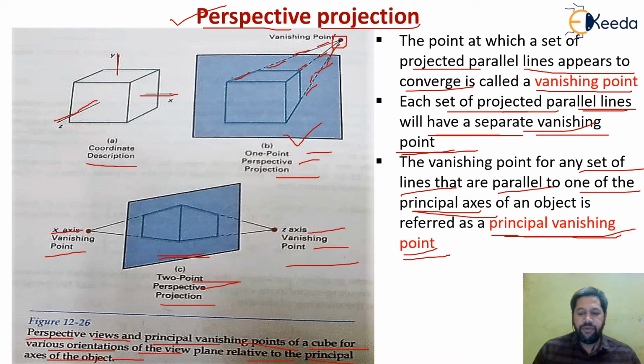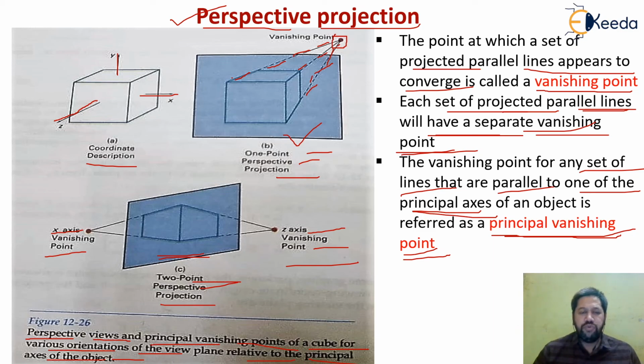We should understand what is meant by parallel projection and what is meant by perspective projection. These are the two main types of projection: parallel projection and perspective projection. Parallel projection, as we have said, will give us all the different views of the object: front view, side view, top view, and so on.